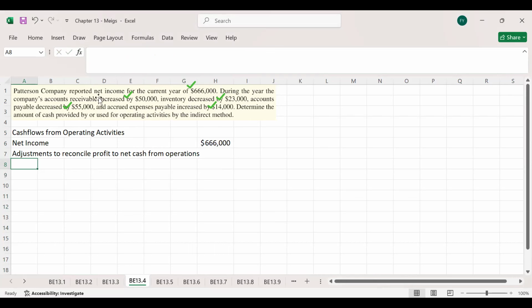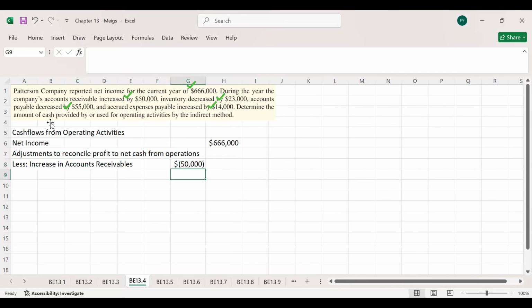We start from accounts receivable. There's an increase in accounts receivable. The rule is, if there's an increase in any asset, this means that the cash will be decreased. As accounts receivable is increased, we subtract the increase in accounts receivable. In the inner column, the increase is 50,000, so we are going to deduct this 50,000.